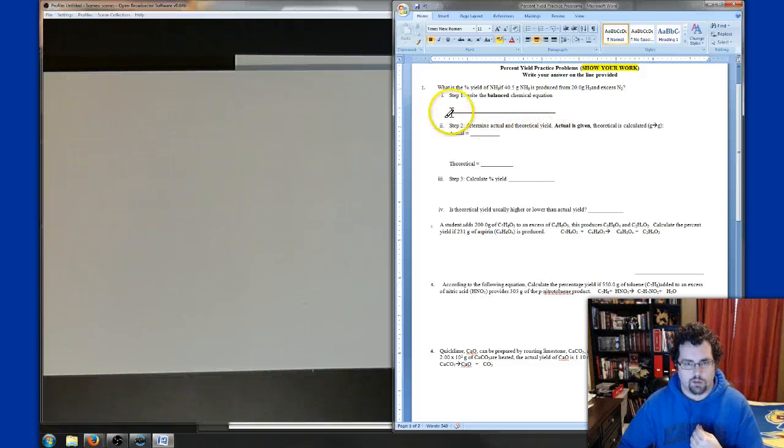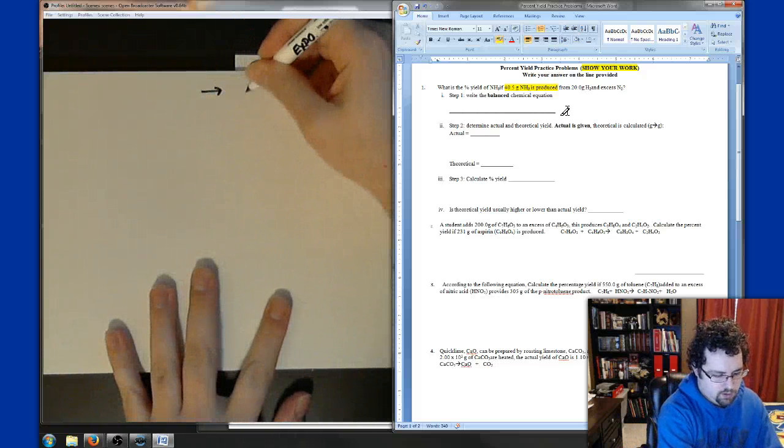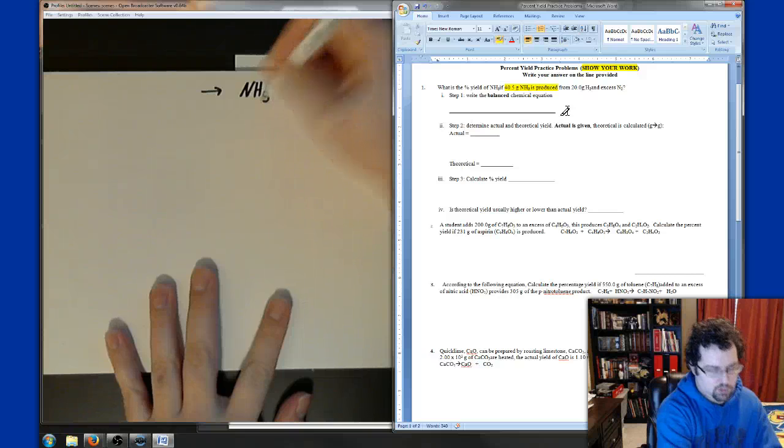So we got to see what chemicals are being made in here. Here it says 40.5 grams NH3 is produced. So I know that NH3 is getting made in this chemical reaction. So I know for a fact that it is making NH3.